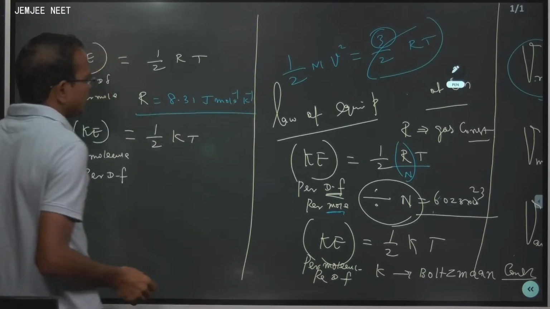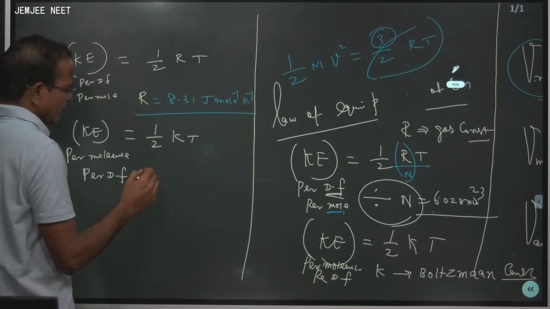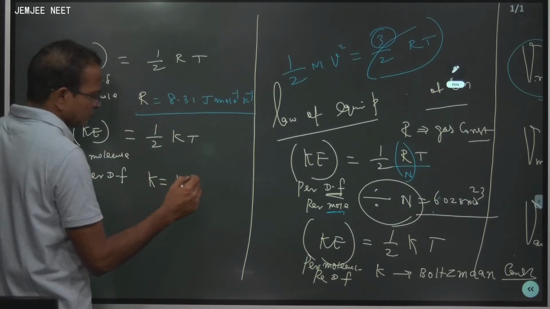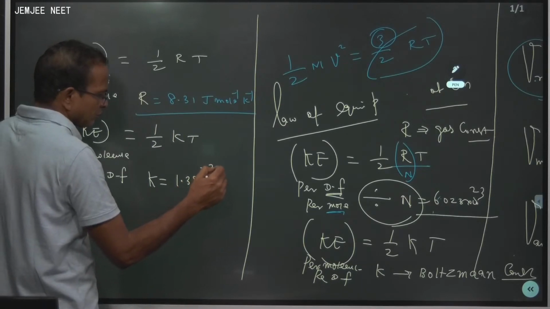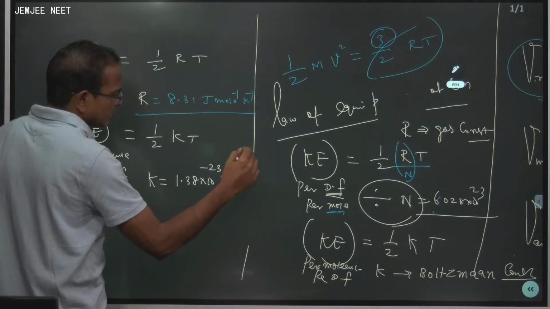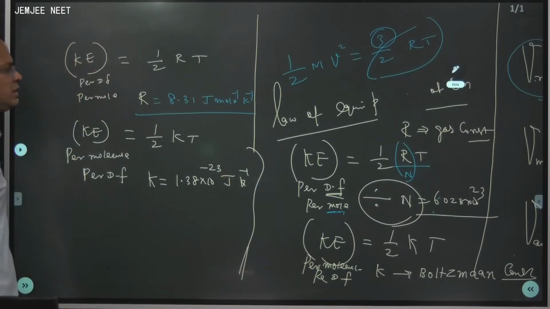It's a standard value, universal constant. Similarly, the k value, someone try to say how to find it, as I taught you, in joule Kelvin power minus 1. Understood this?